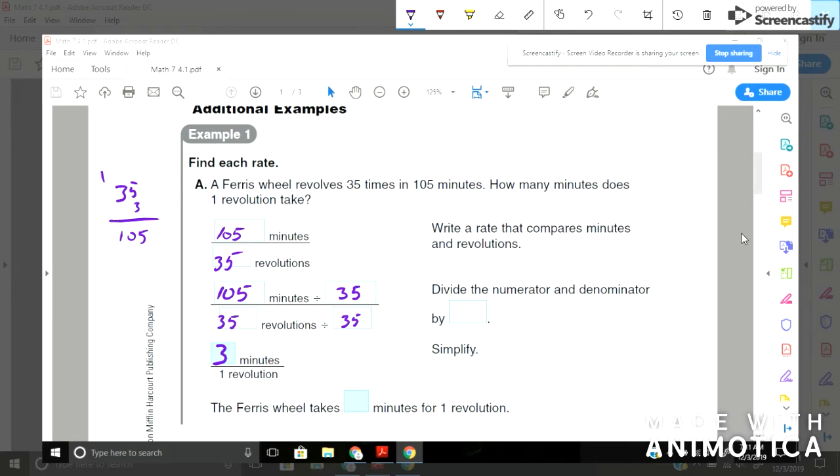Well, we divided the numerator and the denominator by 35 and then simplified. Okay, so the Ferris wheel takes 3 minutes for one revolution. And this would be an example of a unit rate because our denominator is now 1. Okay, 3 minutes per one revolution, that would be a unit rate.